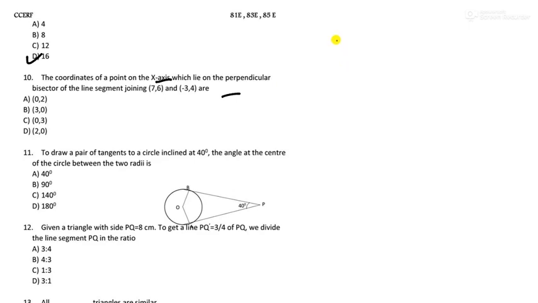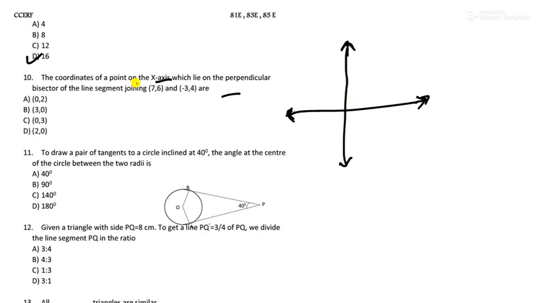See, if I draw a coordinate form, that is Cartesian, rectangular, this Cartesian graph, or plane, whatever you call. Now read the question first.